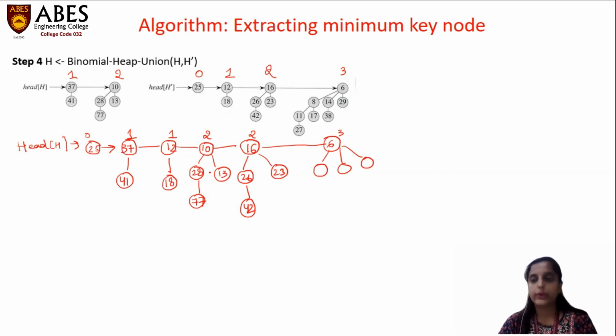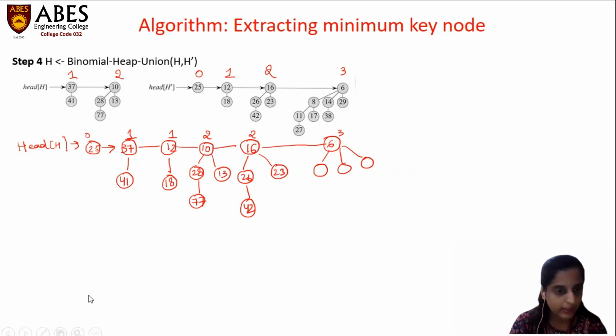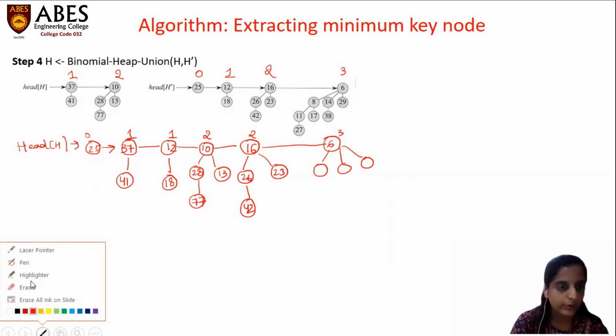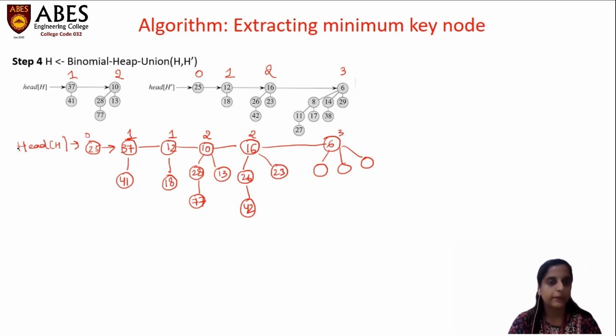So we'll start from the very first case. This becomes your x. We'll take another color pen so that it will be more clearer to you. This becomes your x. This becomes your next x. And this becomes your sibling of next x.